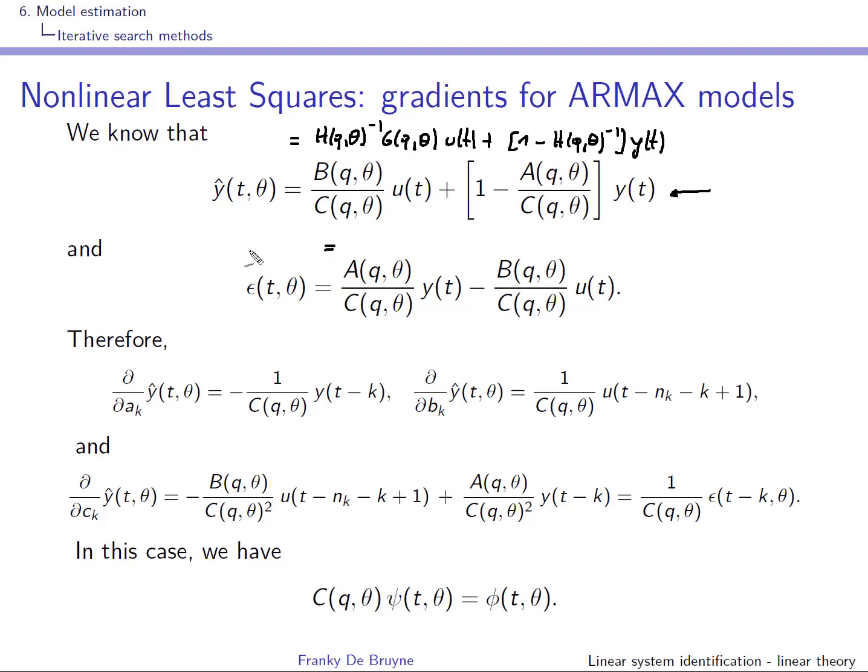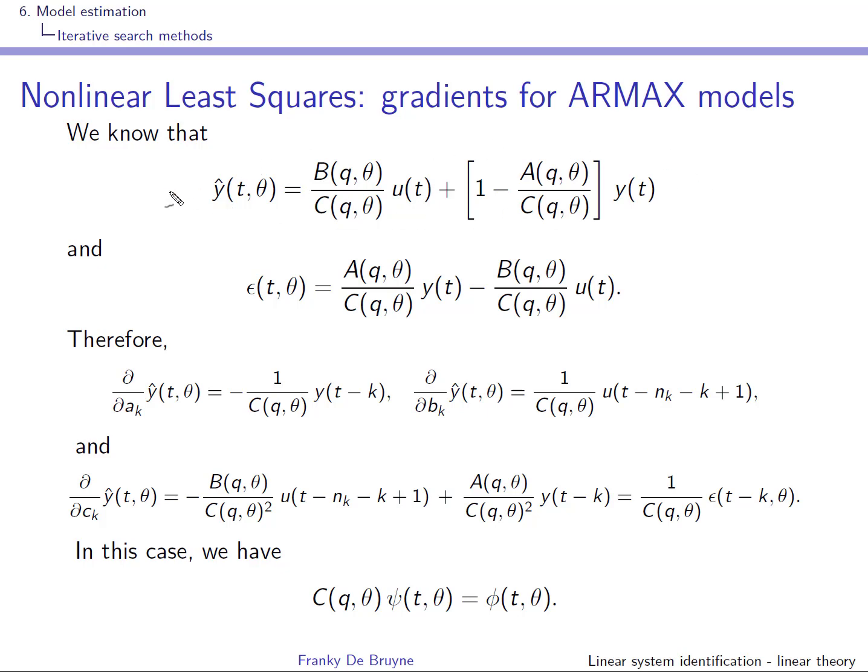We had also seen that the prediction error is hq theta minus 1 y of t minus gq theta u of t, and if you again plug in everything that is needed, you obtain this expression over here. So well, you can now use both expressions to obtain expressions for the gradient.